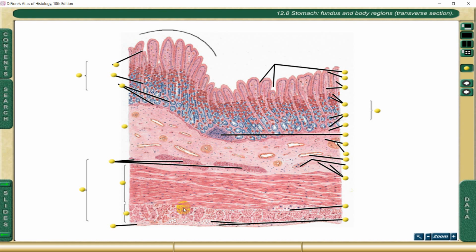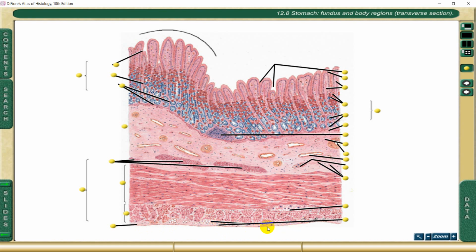Muscularis externa consists of three directions of smooth muscle fiber: one oblique, two circular, three longitudinal smooth muscle fiber. And then three directions, oblique, circular, and longitudinal smooth muscle fiber, with the serosa covering of the stomach.